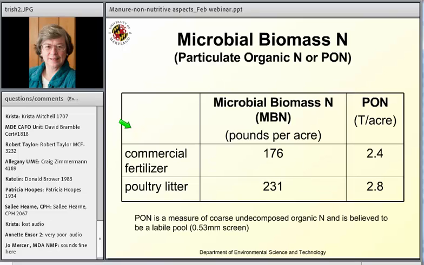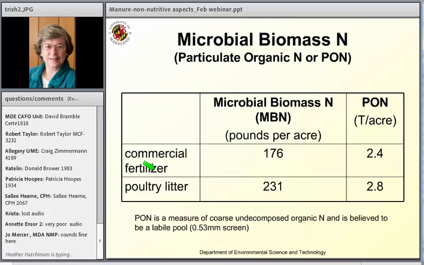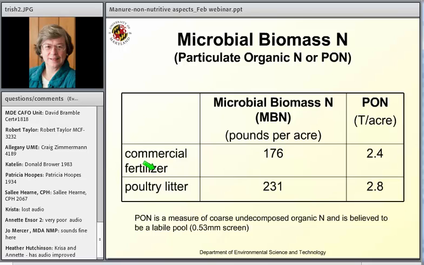And I want to say that microbial biomass, as they measured it, and as a number of other people measure it, is a pretty gross indication of the carbon or the nitrogen coming from the microbial tissue itself. Essentially what they do is select a chemical extractant, often a weak acid, that they believe extracts the organic nitrogen or the organic carbon in a soil, and then they kill the microbes.